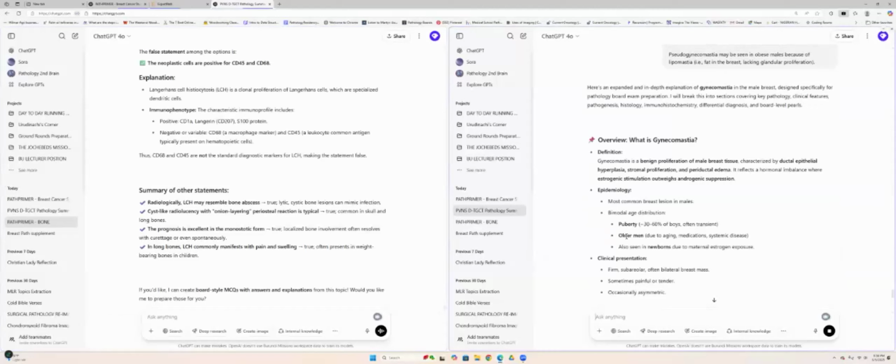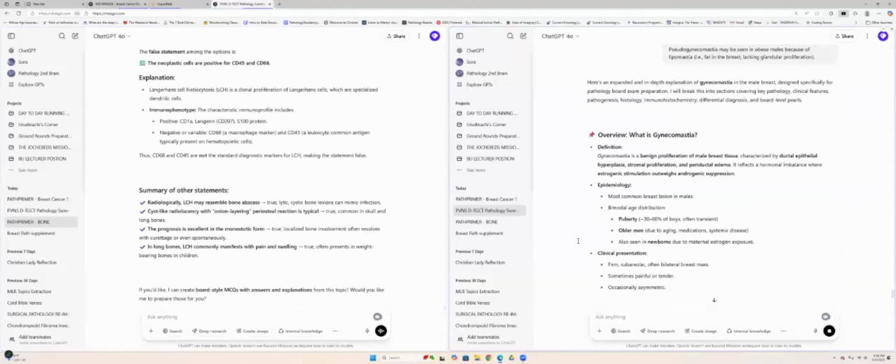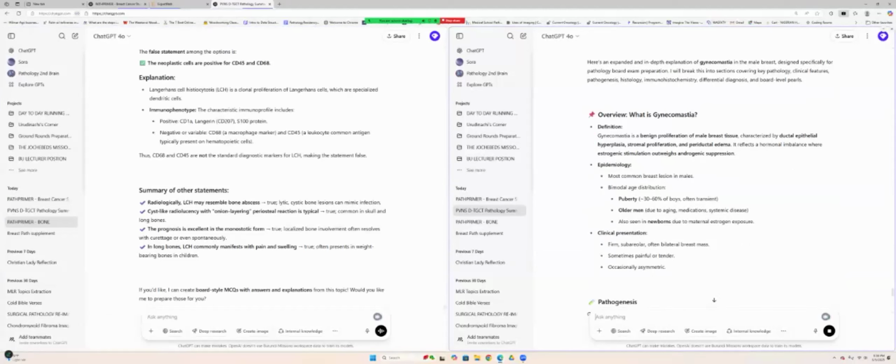So what is gynecomastia? Define it. It is proliferation of male breast tissue.